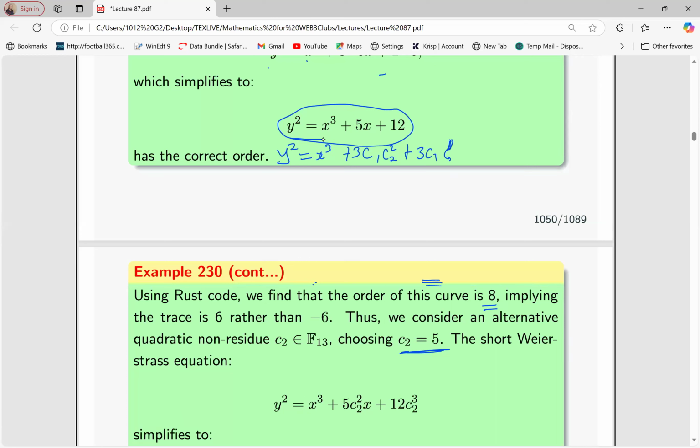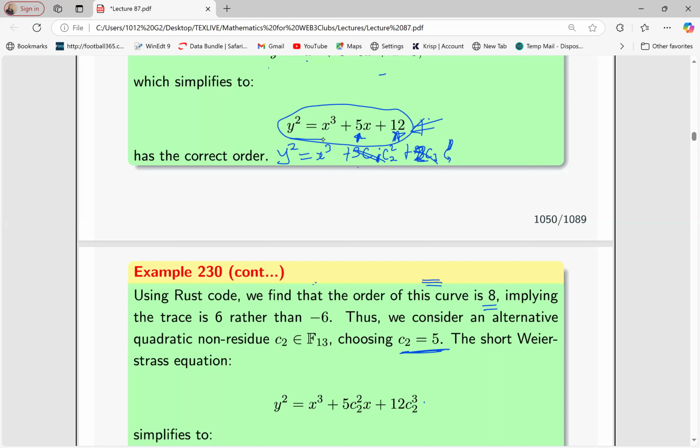But remember, we've already multiplied by C1. So C1 and 3, and C1 and 2 have already been taken care of. So you only need to bring in C2. So multiply here by C2 squared and here by C2 cubed. And our C2 that we've chosen is 5.